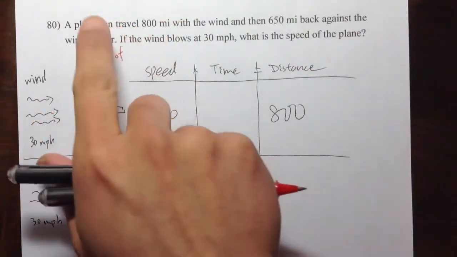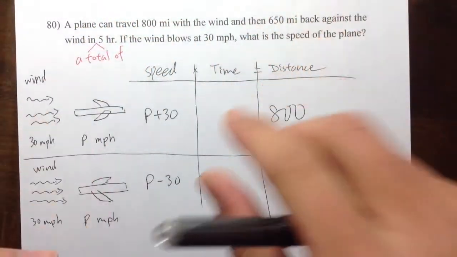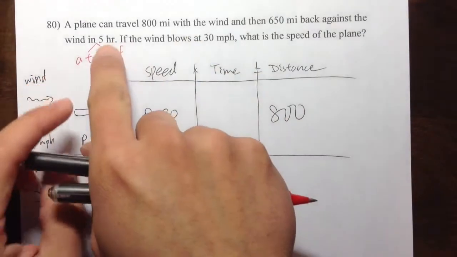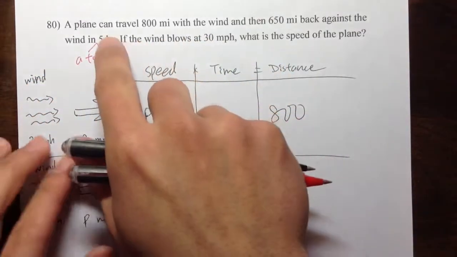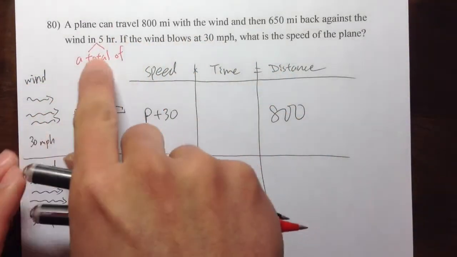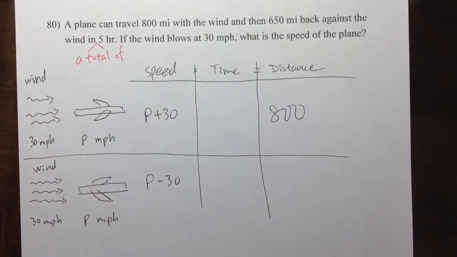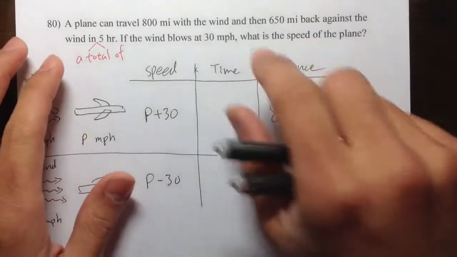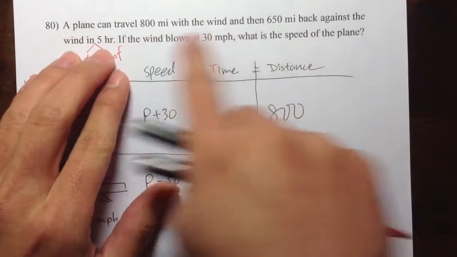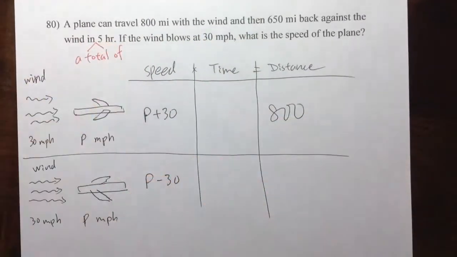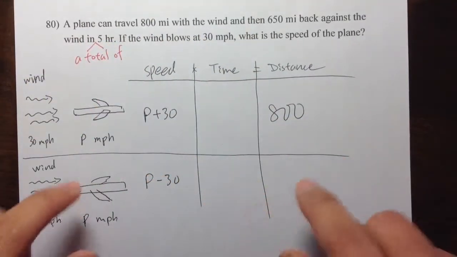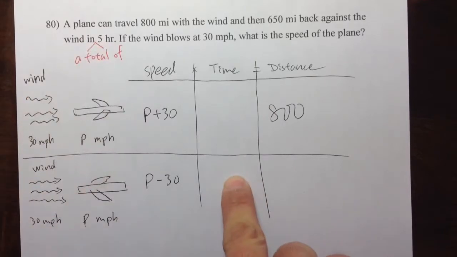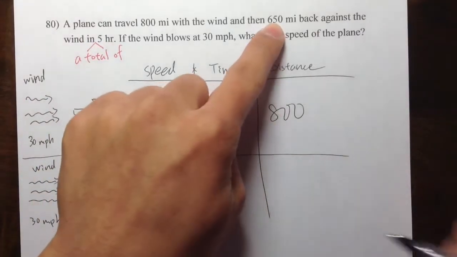That's why I said this question is kind of bad in the wording, because it's really confusing. The 5 actually means the total. They should have the word total. But that's exactly how the question was worded. I'll show you guys a picture at the end of the video. I'm not going to put a 5 right here because that's the total, not just for this trip. I do know the distance though, which is 650.